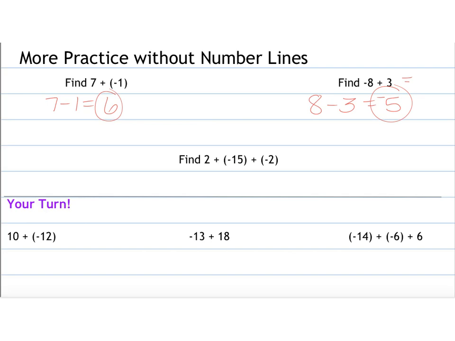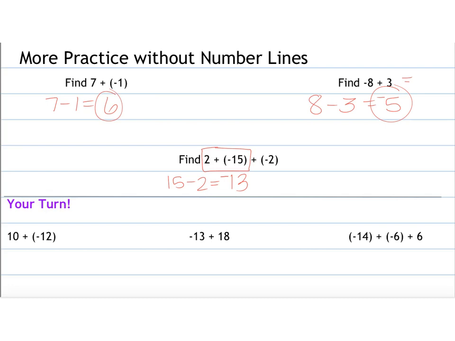2 plus negative 15, so I'm going to do this one first. 15 minus 2 gets me to 13, but it has to be negative because there's way more negatives than positives.